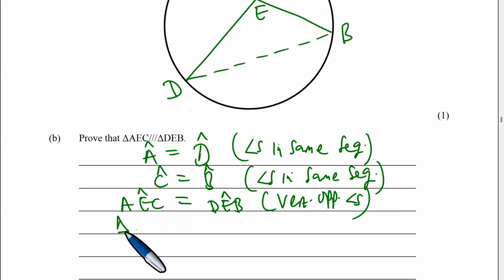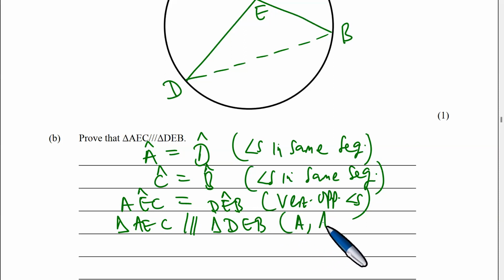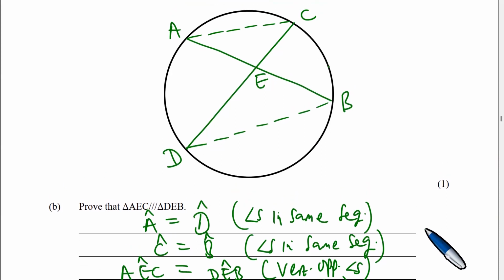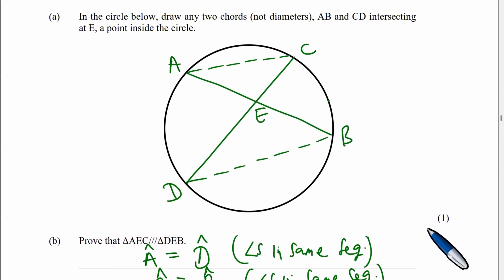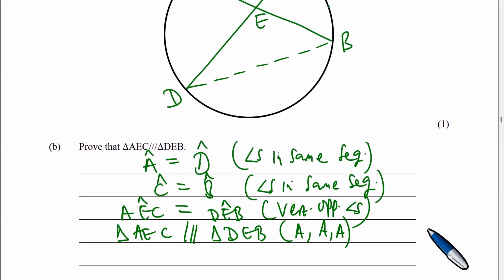And therefore, triangle AEC is similar to triangle DEB. So we've proven that these triangles AEC and DEB are similar triangles, as we have shown in this particular solution.